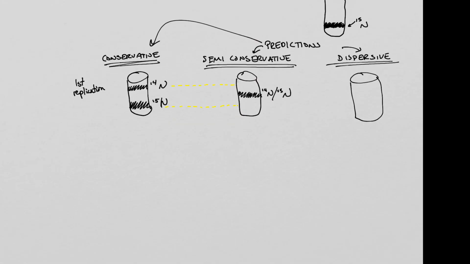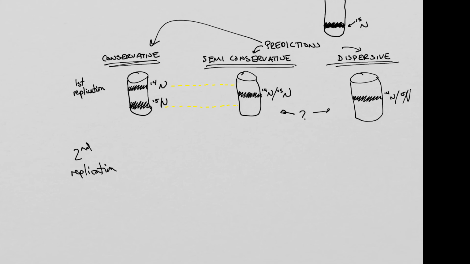What we should see in this case is a line right in the middle, because all of the DNA is part nitrogen 14 and part nitrogen 15. So how do you tell the difference between these two then? Since these two are really similar to each other, what you have to do is let them all copy again. Because when they copy again, that's when the differences will really start to shine.